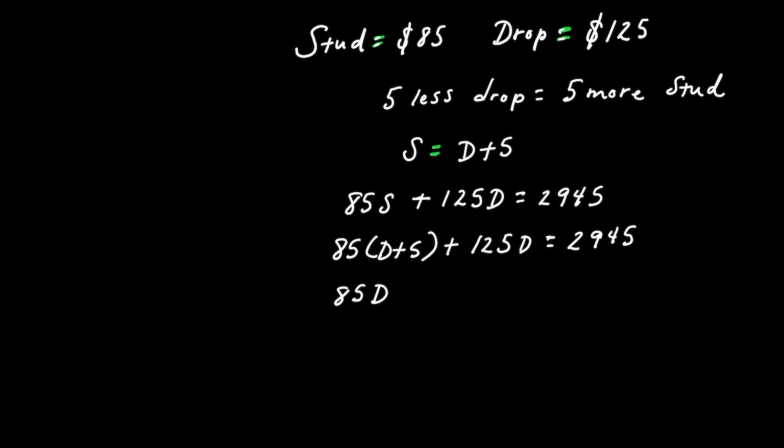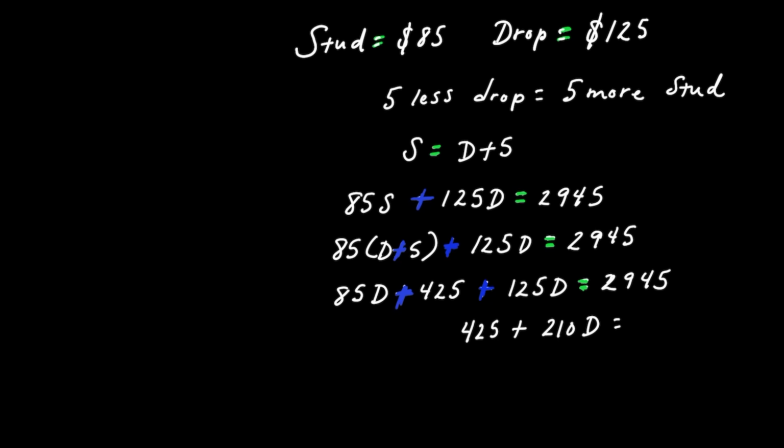So when we distribute the 85, we get 85D plus 425 plus 125D equals 2,945. Then when we combine like terms, we get 210D. So we have 425 plus 210D equals 2,945.